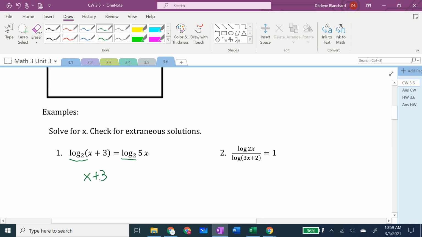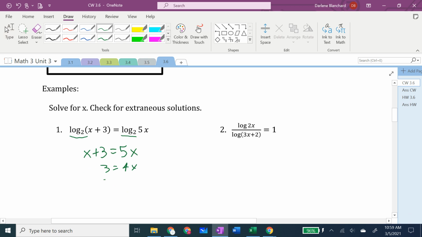So you're just going to take the inside of the left, the inside of the right, and then solve that equation. And I'm subtracting x from both sides. And then I am going to divide by 4. And I have what looks like a solution.